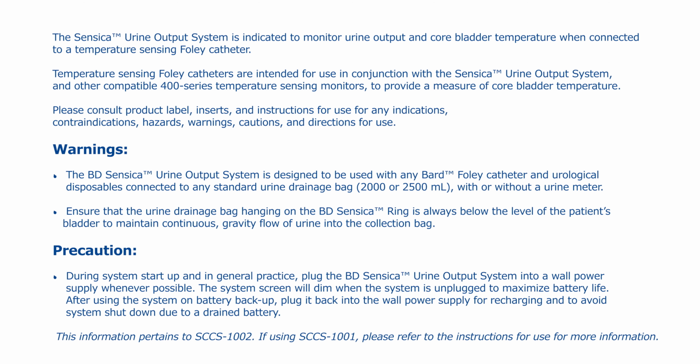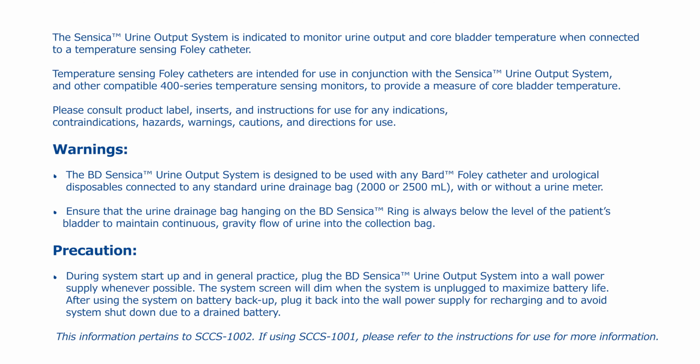Warnings. The BD Sensica urine output system is designed to be used with any barbed Foley catheter and urological disposables, connected to any standard urine drainage bag, 2,000 or 2,500 milliliters, with or without a urine meter. Ensure that the urine drainage bag hanging on the BD Sensica ring is always below the level of the patient's bladder to maintain continuous gravity flow of urine into the collection bag.